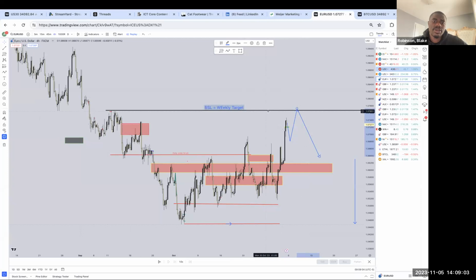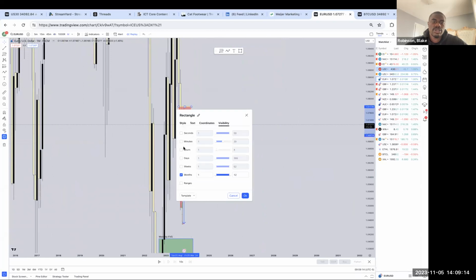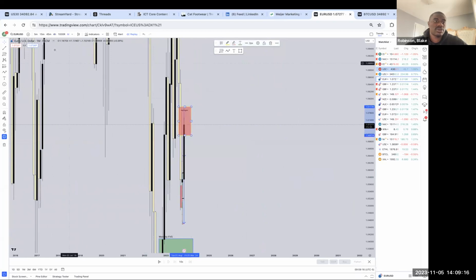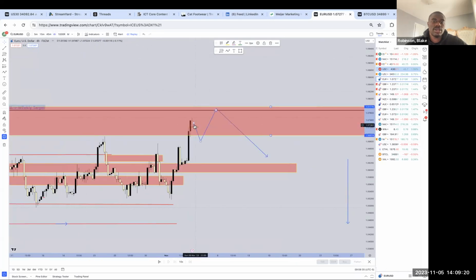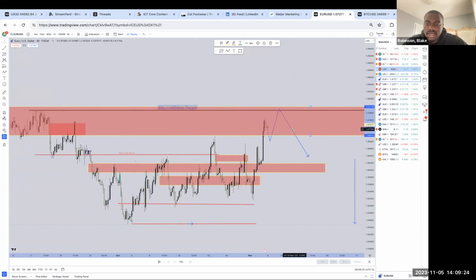When we hit this top end of this fair value gap, I wouldn't be surprised if there's a rapid rejection. Because if we go back to the monthly time frame, we kind of bring this to the hour time frame so we can see where we're at. Yeah, this will be the top end of that monthly fair value gap.